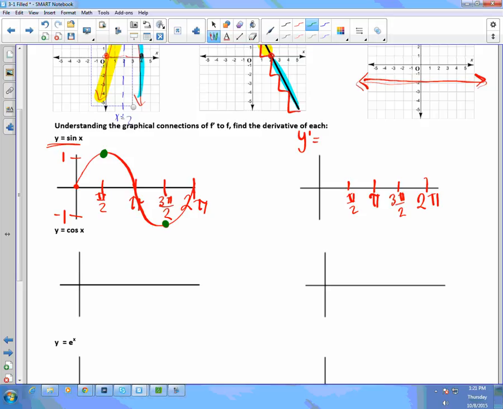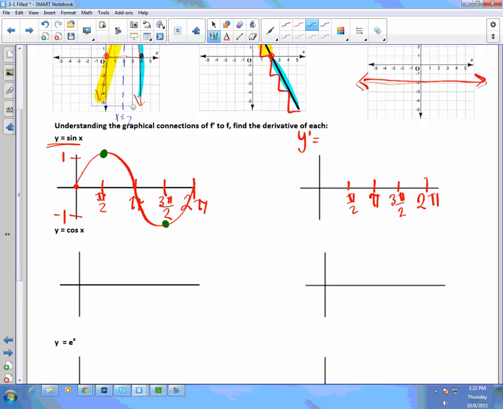So one thing we need to figure out is which function is the derivative of sine. Yes, good job. The zero is the easy part, right? Now look at the interval in which it's increasing.